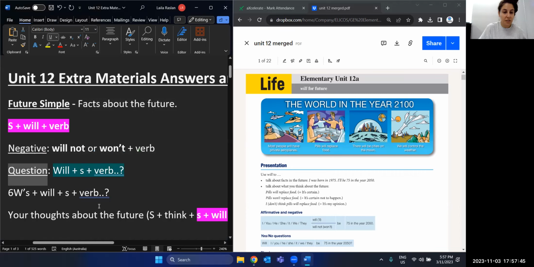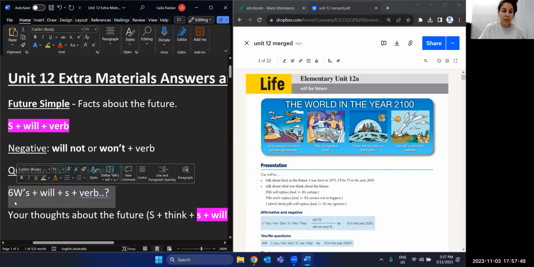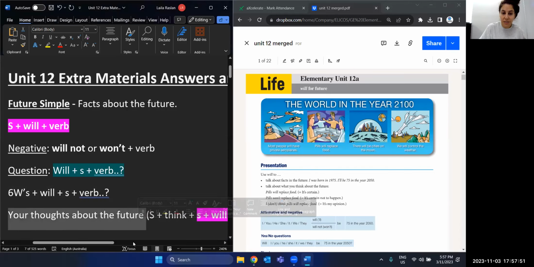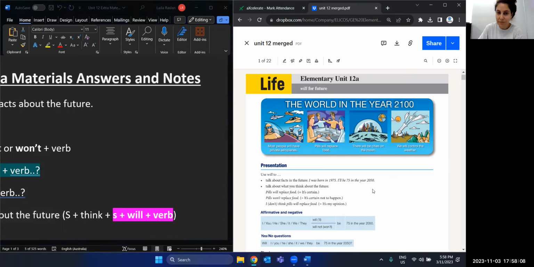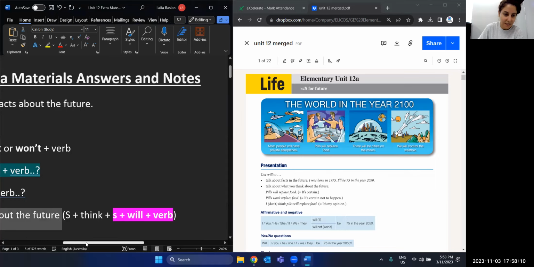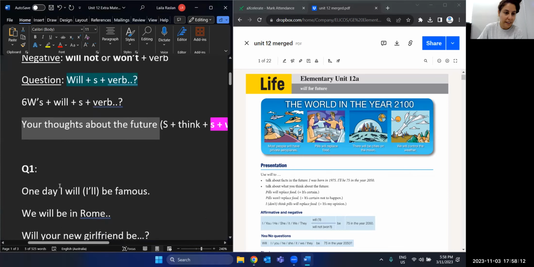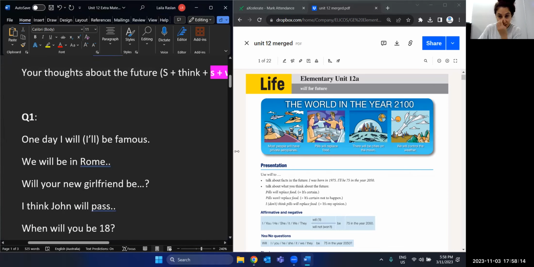To make a question, we use will. And if we want, we can add our thoughts before the will. And that's by saying, I think. It's like saying, I think it will rain tomorrow. I think I will go to the movies on Friday. I think we will study for this test tomorrow. Something like that. Okay, so that's a quick recap of the future.